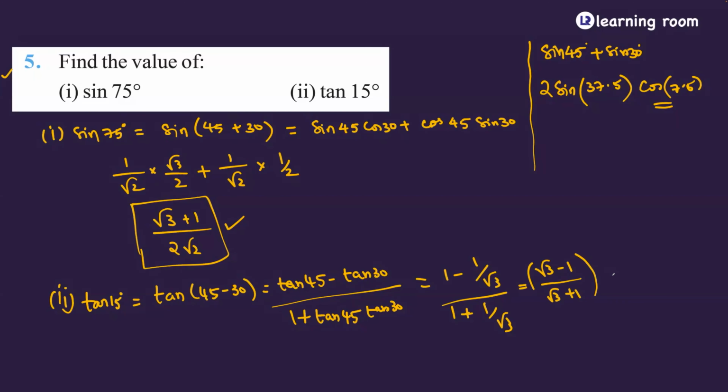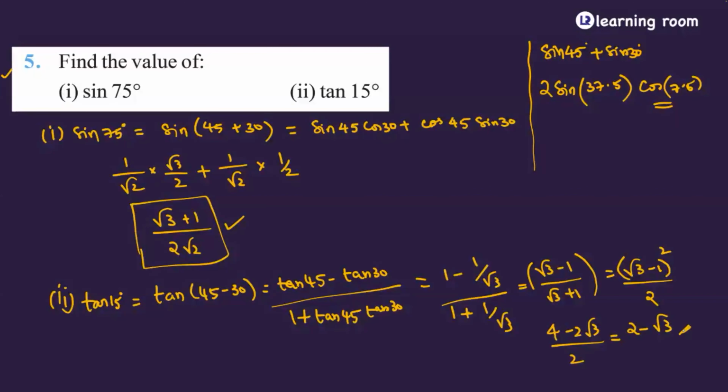So when you rationalize it, you will get root 3 minus 1 the whole square divided by 2. So it is going to be 4 minus 2 root 3 divided by 2. So it will be 2 minus root 3.